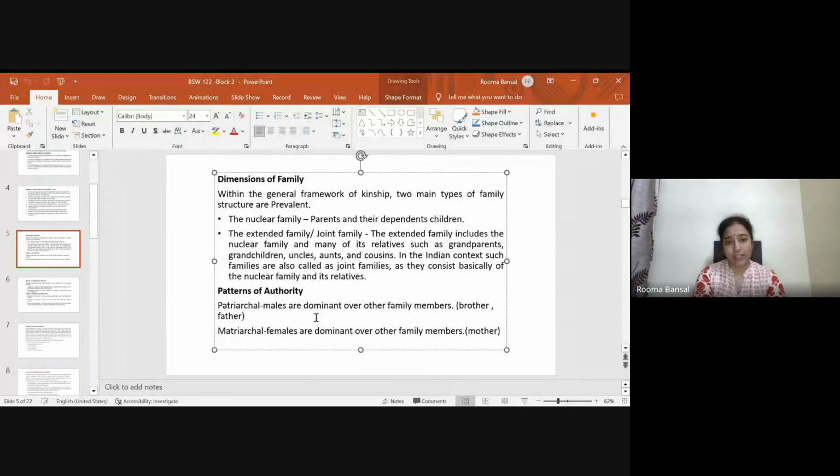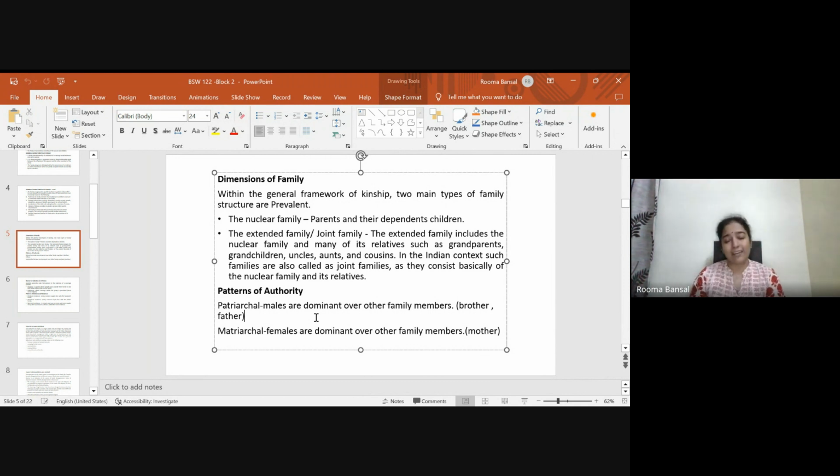Pattern of authority here means, suppose in any family there are four members: husband, wife, and their dependent kids. Now, if there is any issue related to the kids, then who is taking the decision about the kids? It shows the pattern of authority.